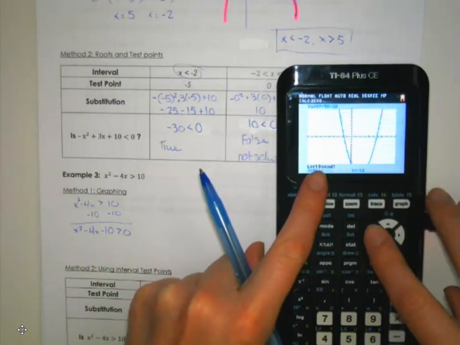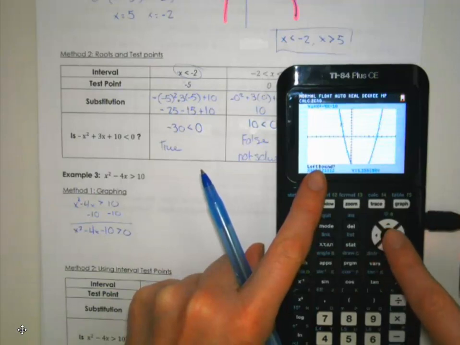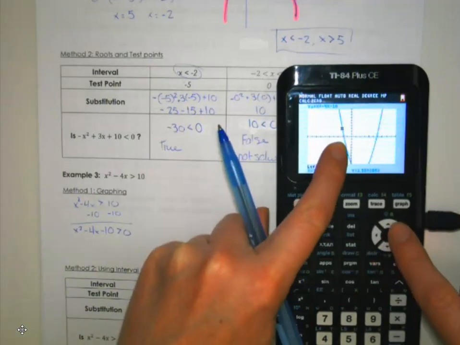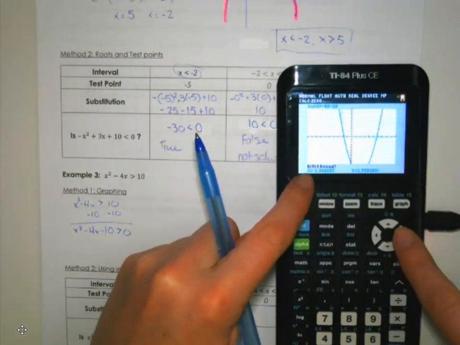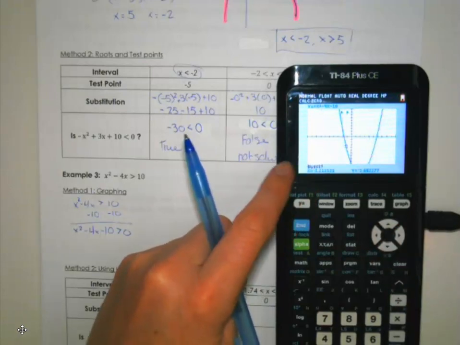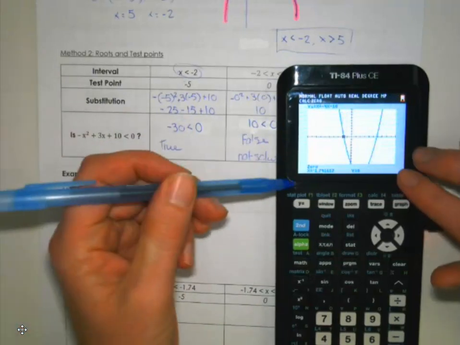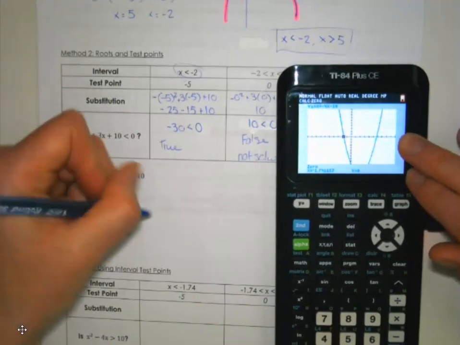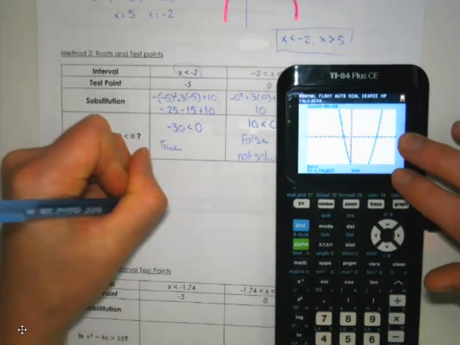Now remember, it's always going to ask you left bound, so you want to make sure that your cursor scrolls left or right so that you're to the left of whatever x-intercept you're looking at. Then it'll ask you right bound, so make sure you're just to the right of that x-intercept on the parabola. And then it'll ask you guess, so hit enter one more time, and we see that we end up with x is equal to -1.74.